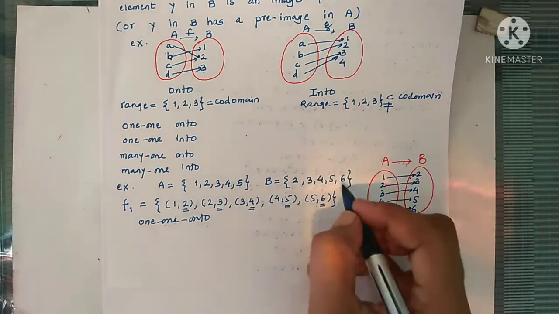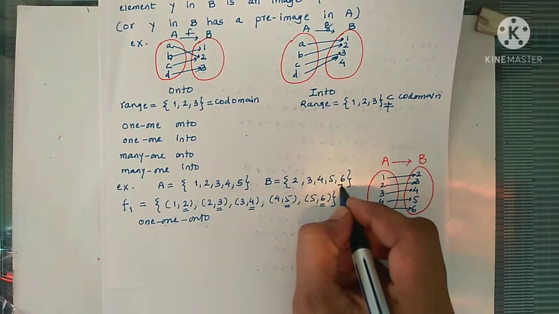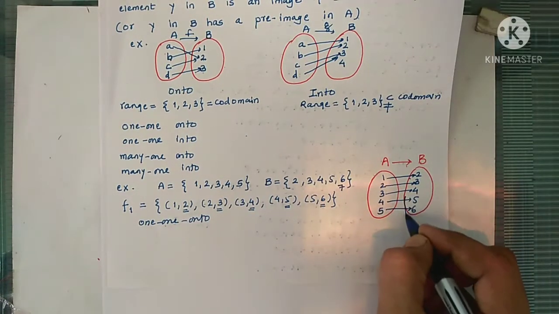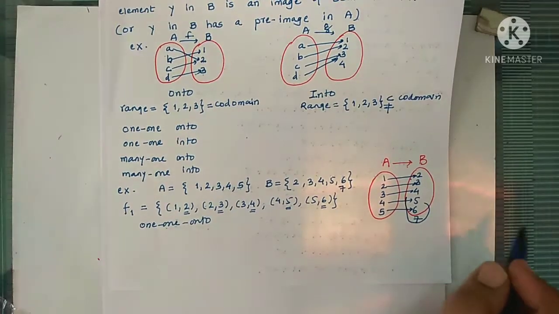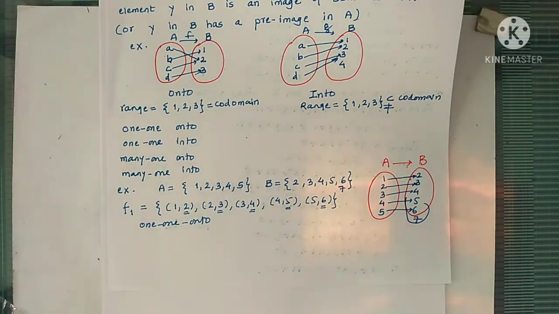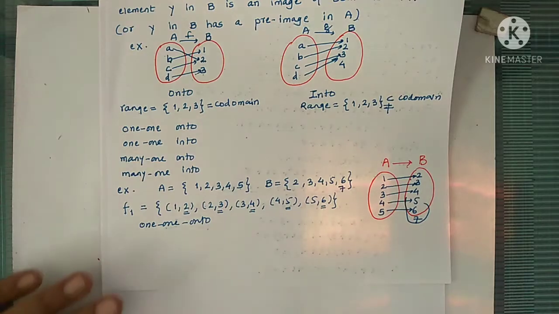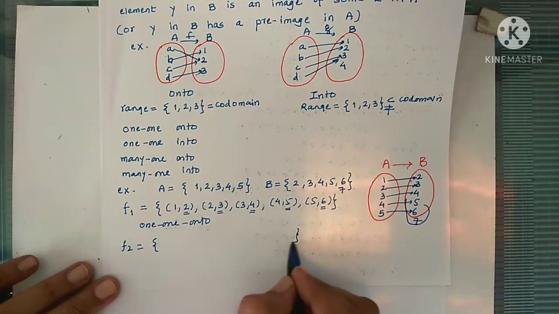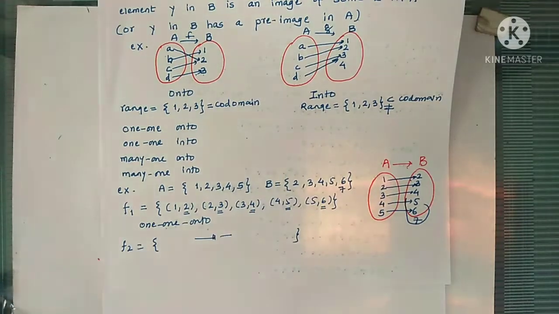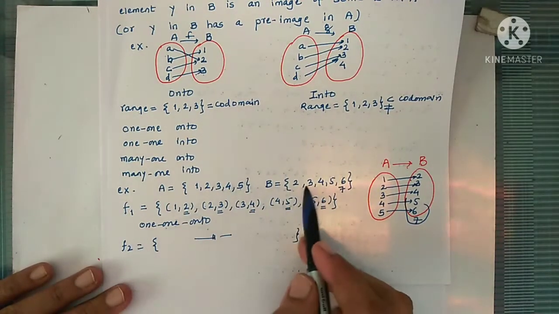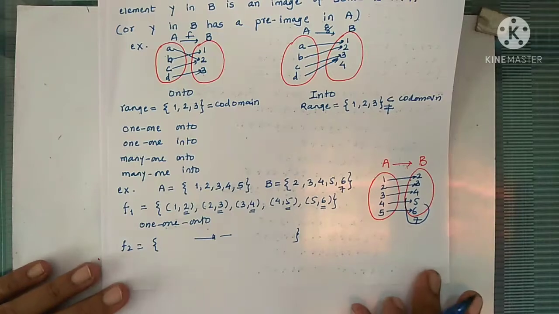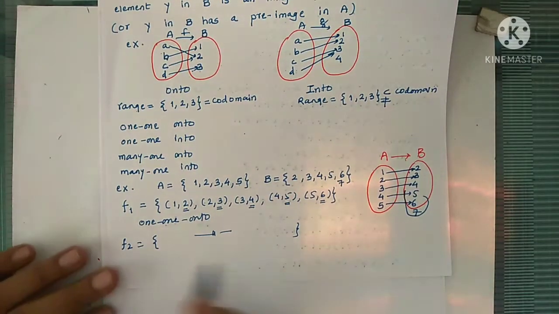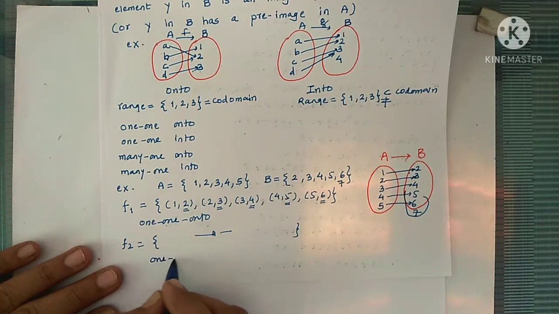Now if we add some element here, 7, then set B has 7 and 7 does not have a pre-image. So I am considering another example here, say F2. F2 is the same as F1, but the only thing is for F2 I am considering B as 2, 3, 4, 5, 6 and 7. One more element in B. So in this case the function is one-one as all the images are distinct.